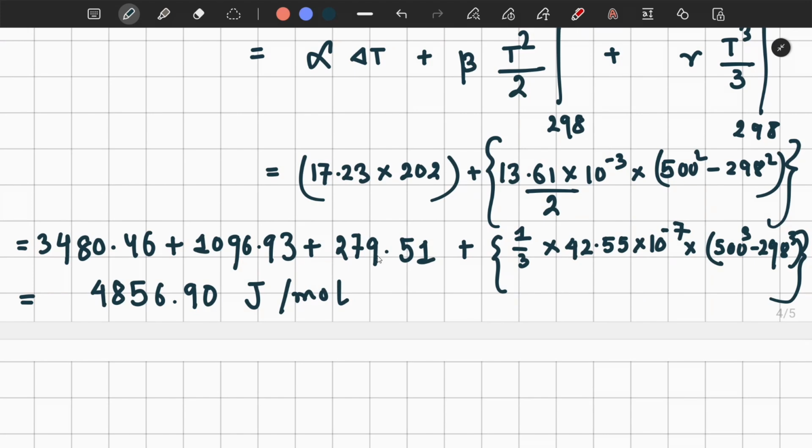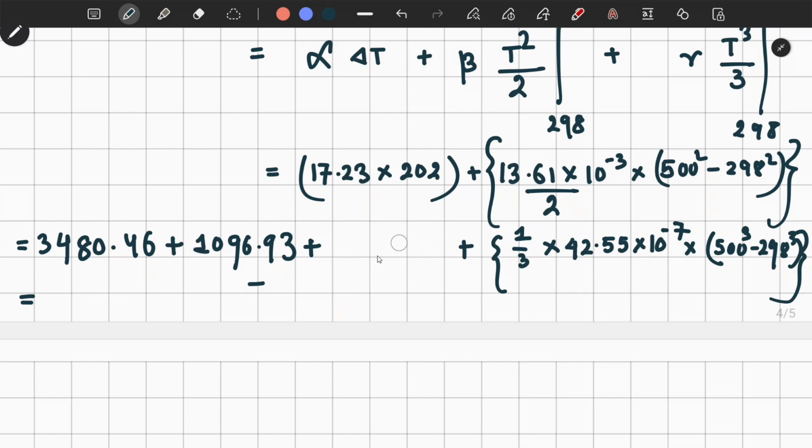Four, right? 4716. This part: 42.55 divided by 3 to the power minus 7 is 139.